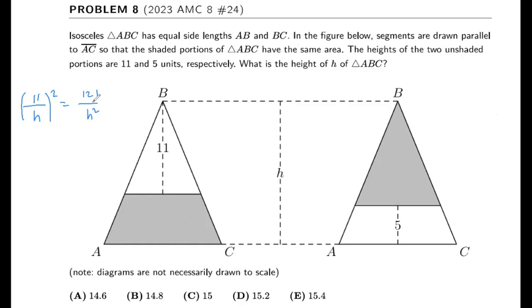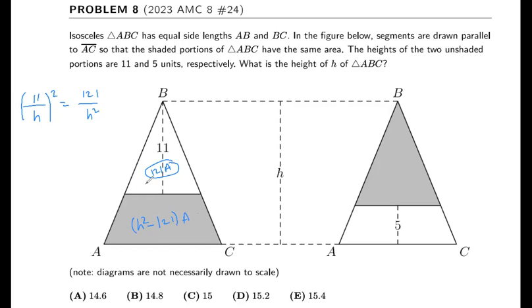Since we know the ratio, let me call this region 121A, as area. The area of ABC has to be h squared times A. If you want to find this shaded region, that should be h squared A minus 121A. So that will be like 121A.